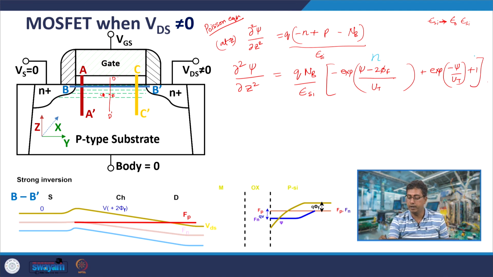This would stand for N, this would stand for P, and this for acceptors.